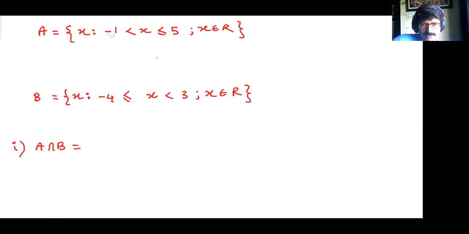But I could make out. See, look at this, guys. इन दोनों में common क्या रहेगा? -1. Okay, I'll have to write x such that -1 less than x and less than 3 and x belongs to real number. That will be the common part.